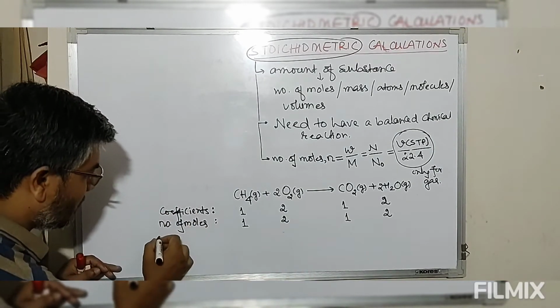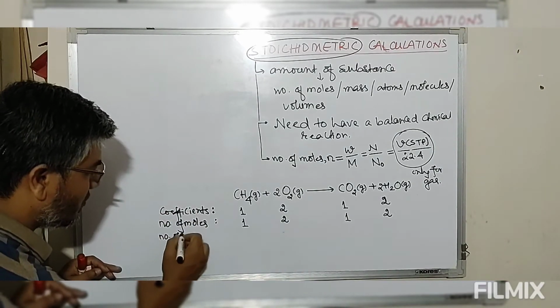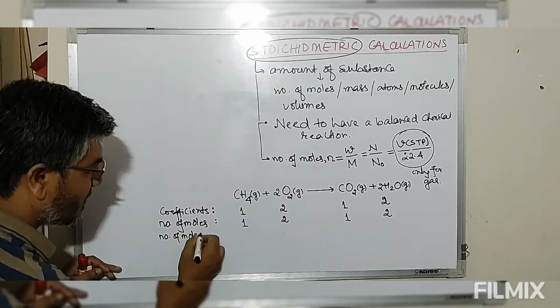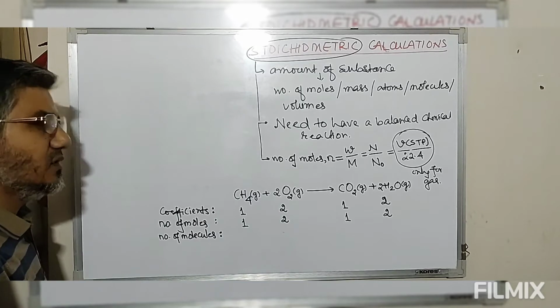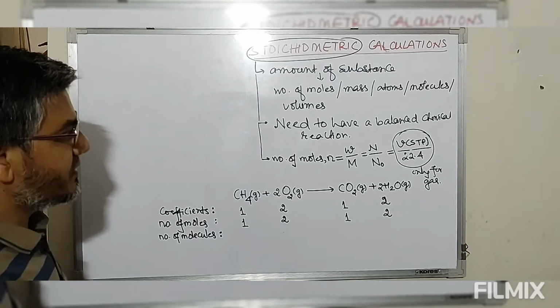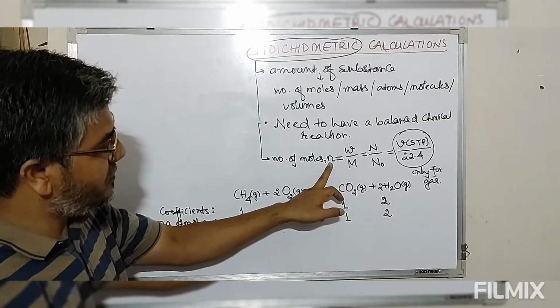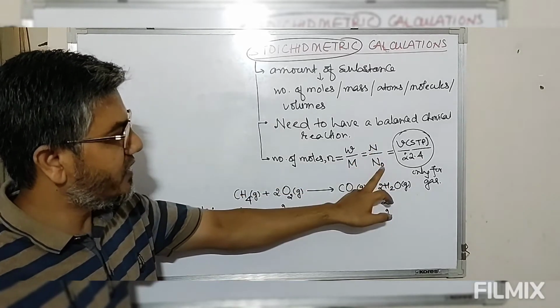Once we have the number of moles, we can find the number of molecules. Number of moles is equal to number of molecules divided by Avogadro number.